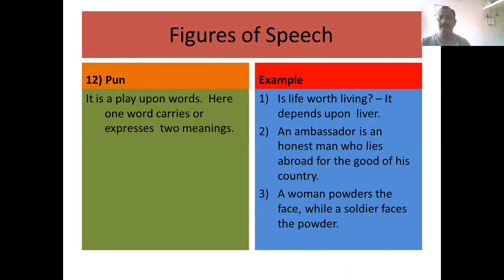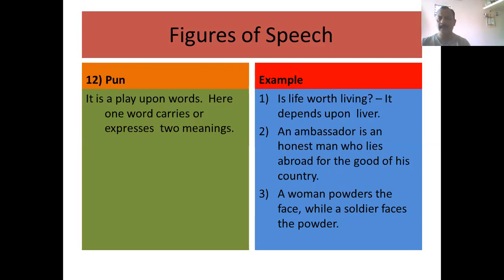Another example is there. A woman powders the face while a soldier faces the powder. Now here, powders and powder. A woman powders the face means the woman is applying talcum powder on her face to make her face beautiful. That is a different meaning.